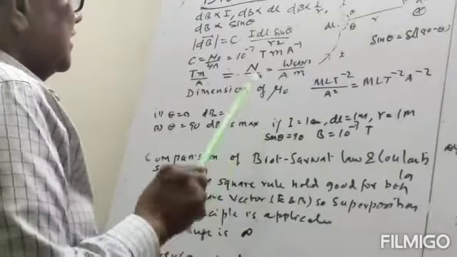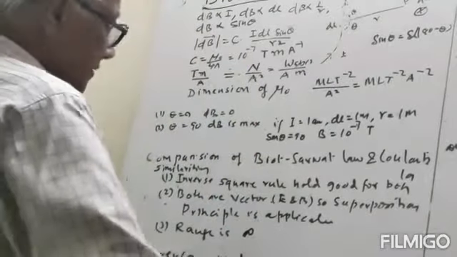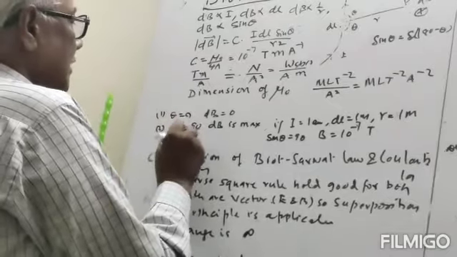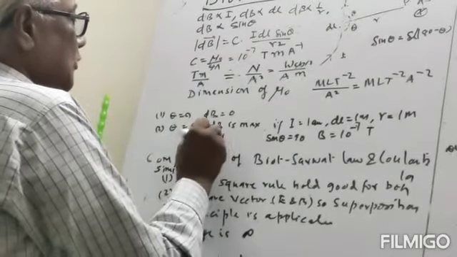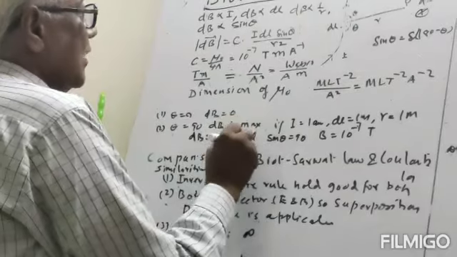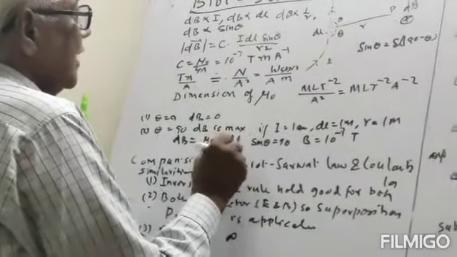So if we take, then what will be dB? dB will be equal to mu 0 by 4 pi I dl by r squared.